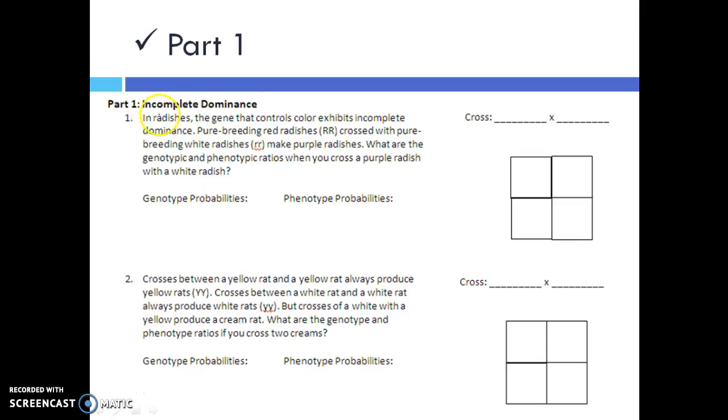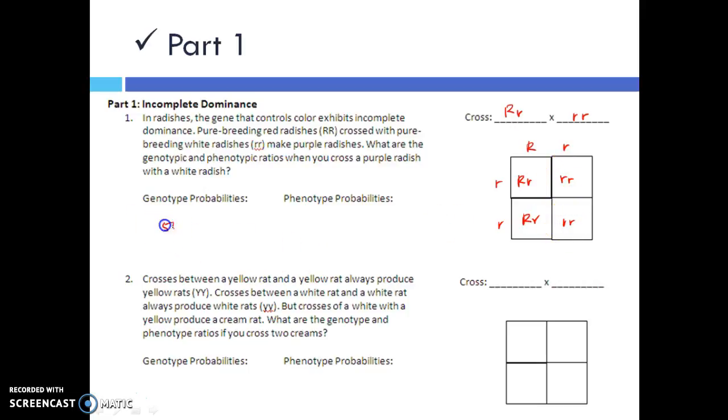All right, you have completed part number 1 of your bell work, and let's go ahead and check it. So in radishes, we've got a gene that is incompletely dominant over another gene. We're going to cross a purple radish with a white radish. A purple radish is the intermediate, so that is our heterozygous genotype. A white radish is recessive, so we've got little r, little r. So we're going to fill in our Punnett square, like so.